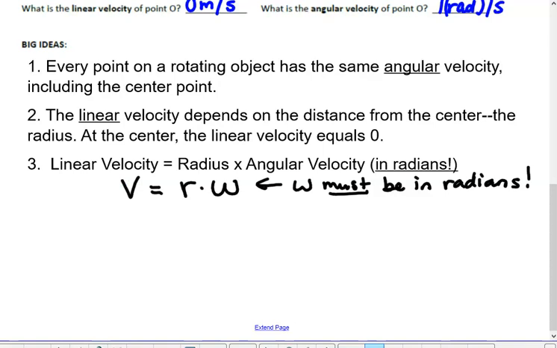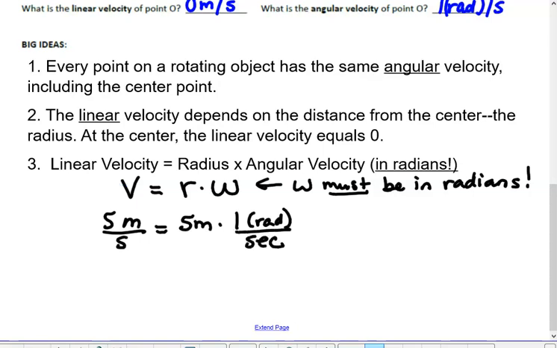So let's look at our point B. Its linear velocity was 5 meters per second. The radius is 5 meters. Its angular velocity was 1 radian per second.